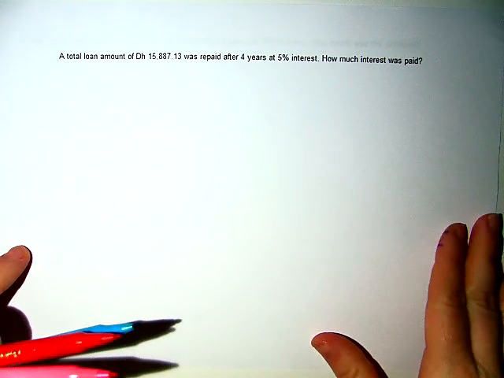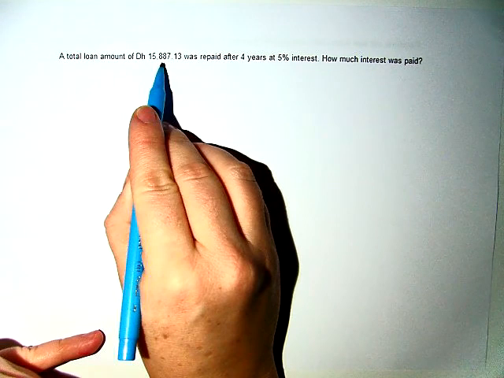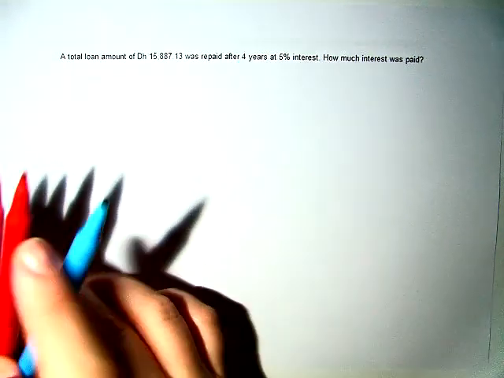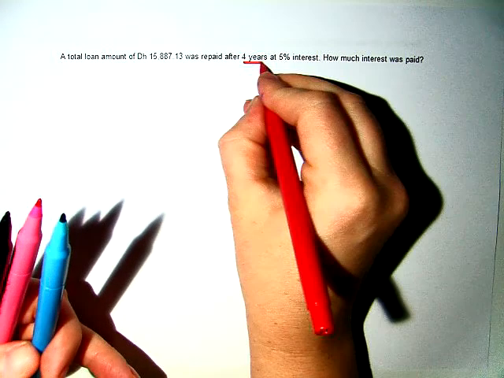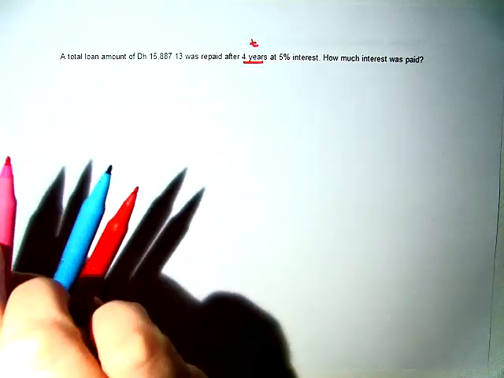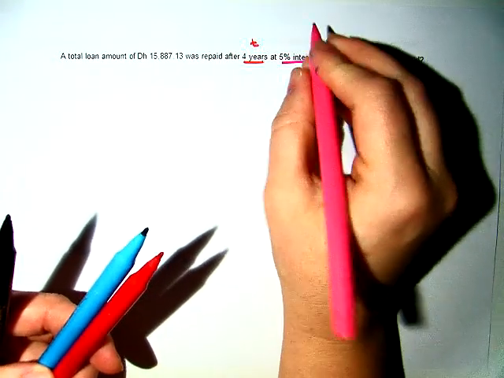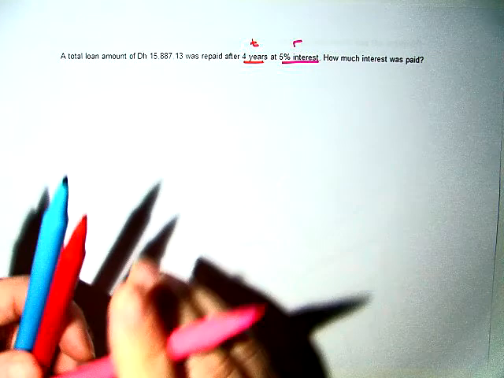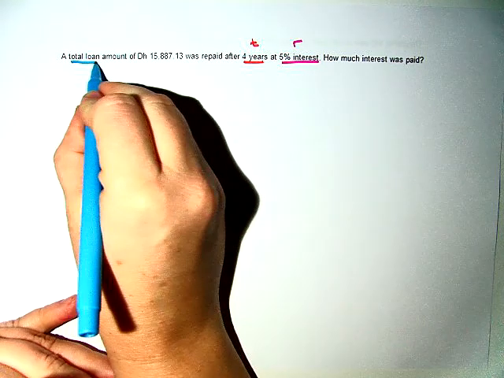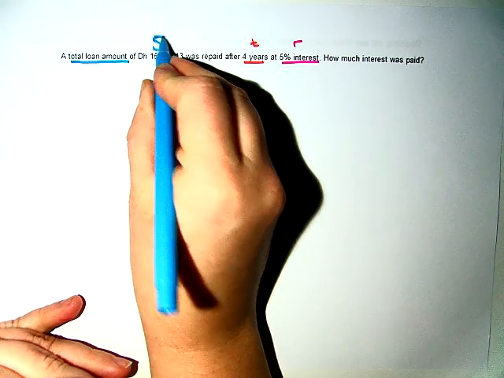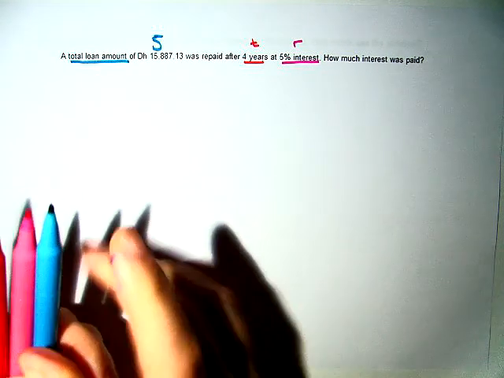A total loan amount of this was repaid after 4 years, that's my time, at 5% interest. Okay, that's my rate. So this total loan amount should be our S. How much interest was paid?